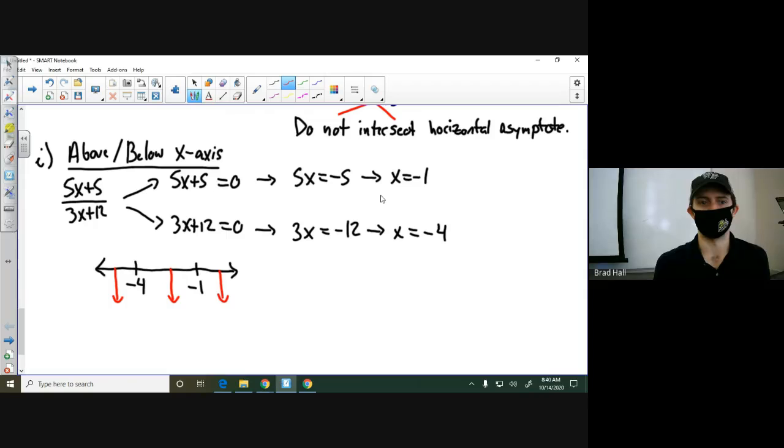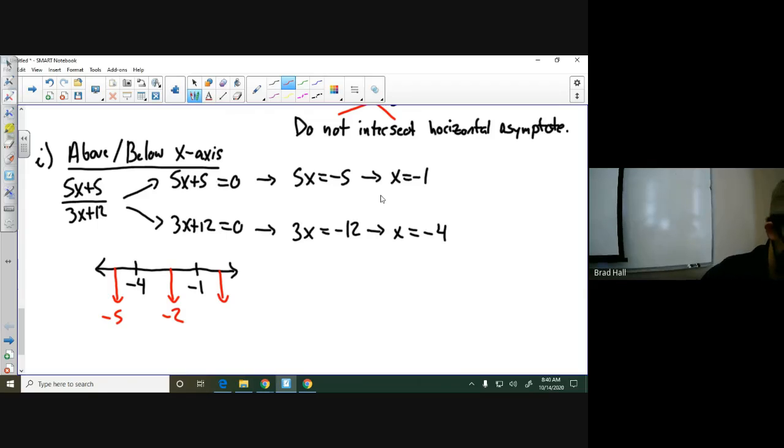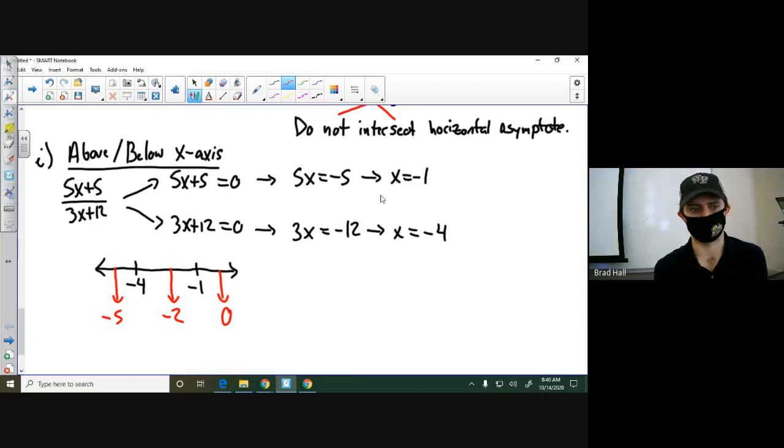And we're going to choose a random point from each one of those sections. So -5 comes from this section, -2 comes from that section, and 0 comes from this section. The -5 is just any number that's less than -4. -2 is in between -4 and -1, and 0 is greater than -1.